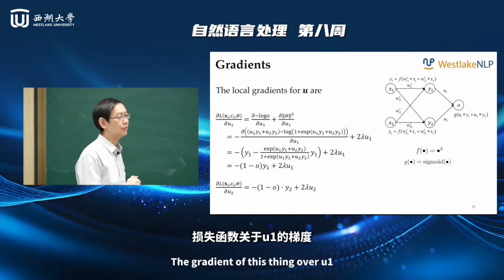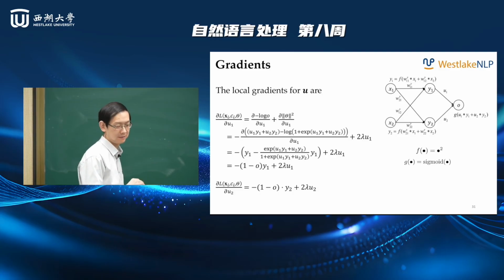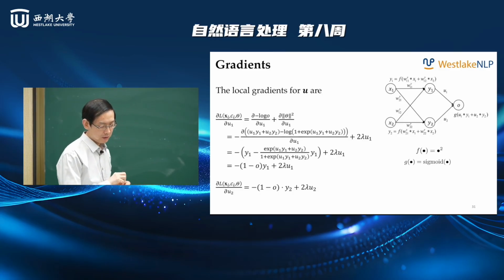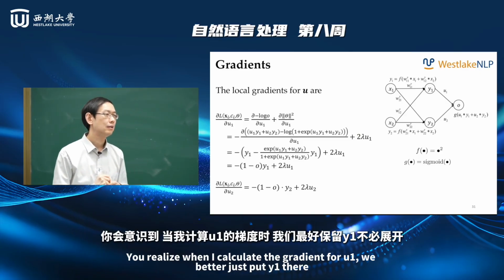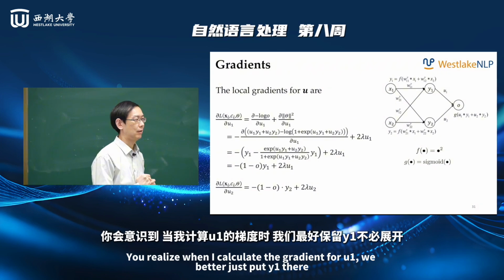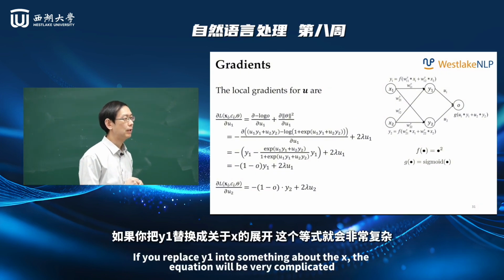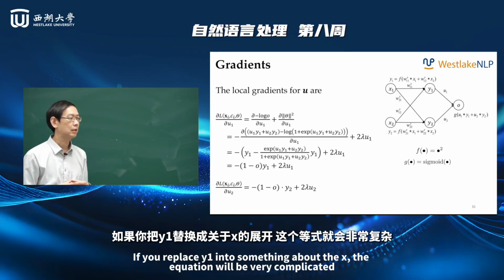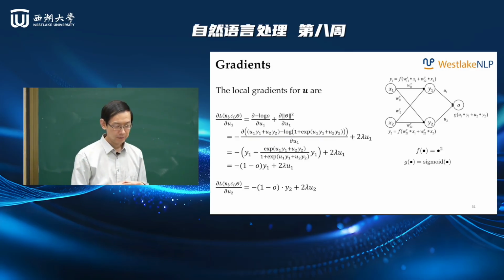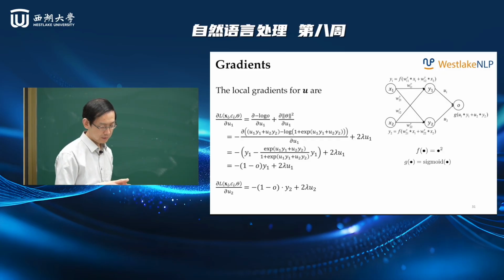The gradient of this thing over u1. You realize when I calculate the gradient for u1, we better just put y1 there. If we replace y1 with something about x, the equation will be very complicated.